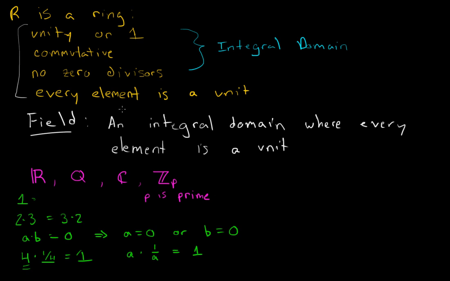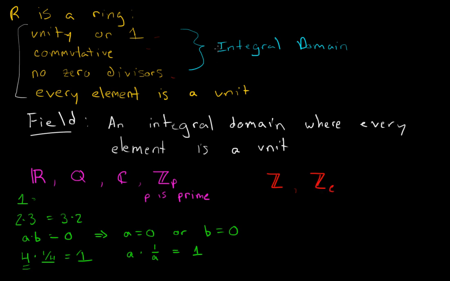Some examples of things that are not fields. The integers are not a field because we don't have multiplicative inverses. We have the rest of this, so they are an integral domain, with these three qualities, but not every element has a multiplicative inverse. Other examples of things that are not fields: Z sub c, where c is composite.